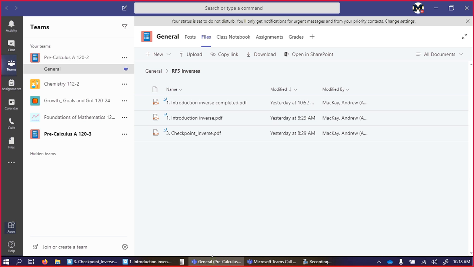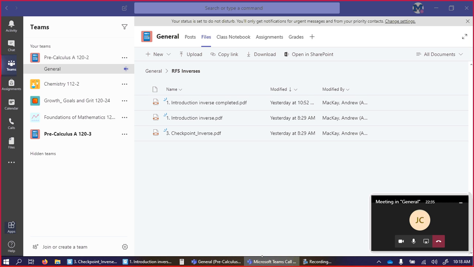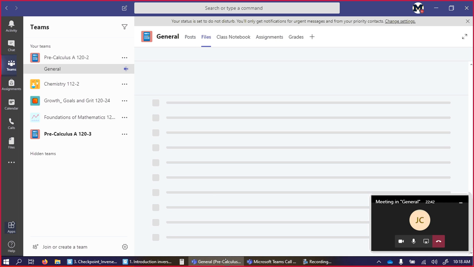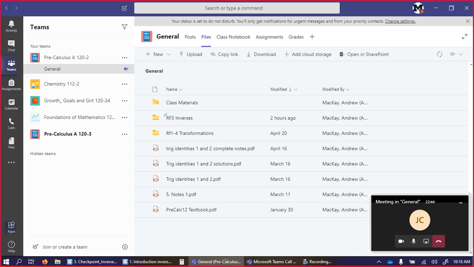I'll keep putting folders for everything. None of you have had issues getting into any of this stuff, I hope.